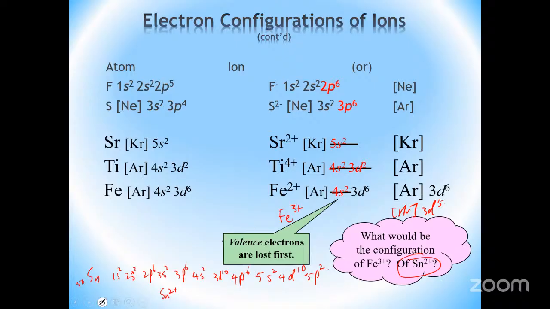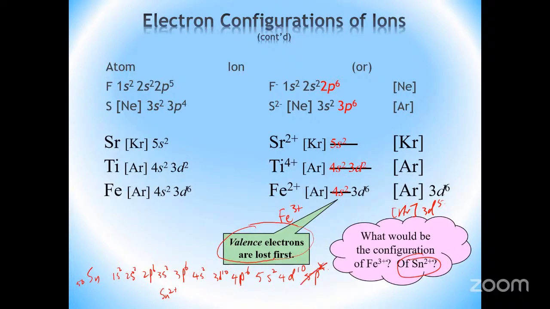Remember, as we said here, the valence electrons are lost first, right? So in the case of tin, which electrons will be lost first? The 5p. The 2 electrons in the 5p would go first.